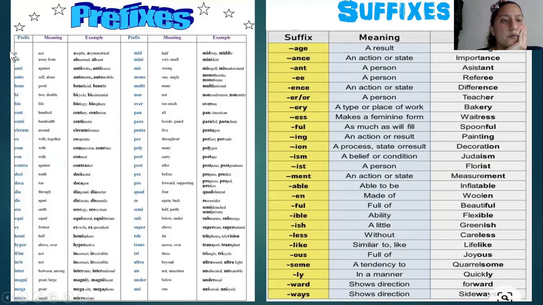For example, when we use a at the beginning of the word, the meaning is not: asymmetrical. When you use ab at the beginning, the meaning is away from.